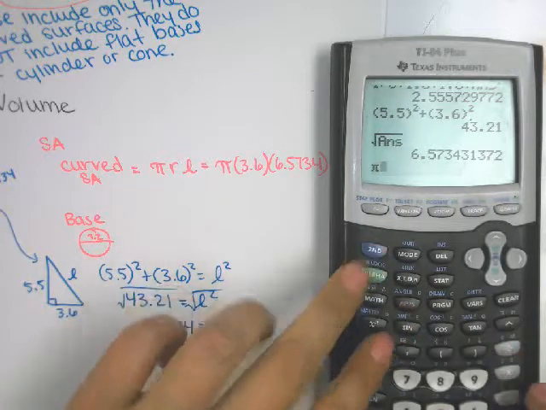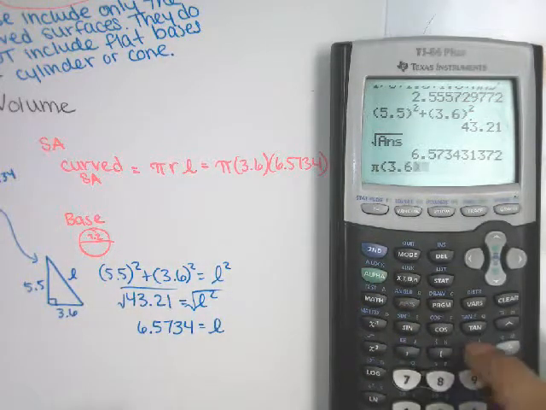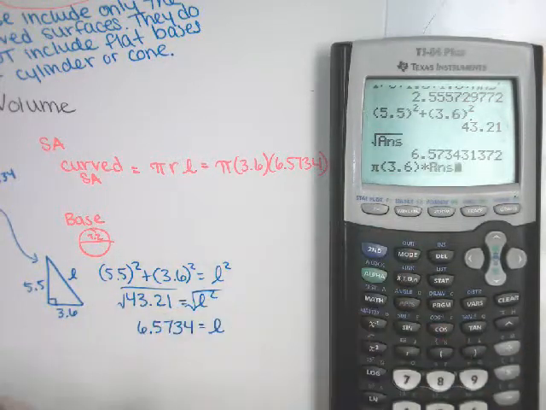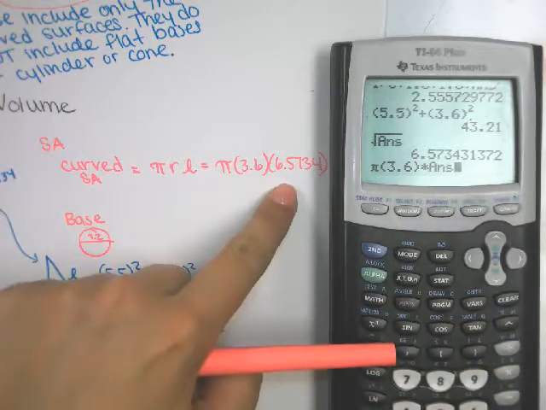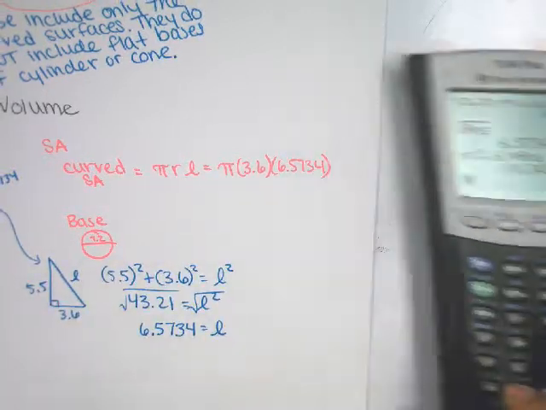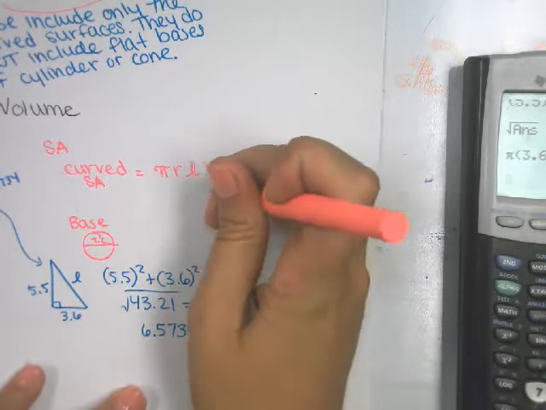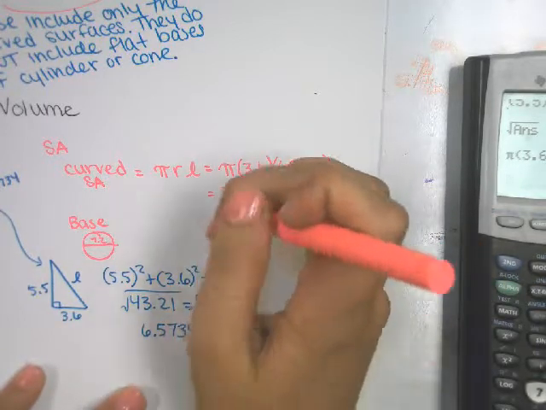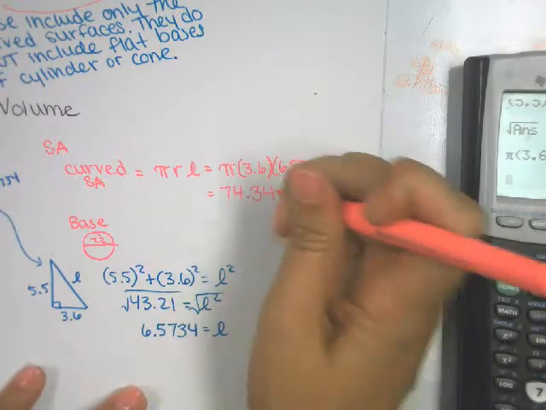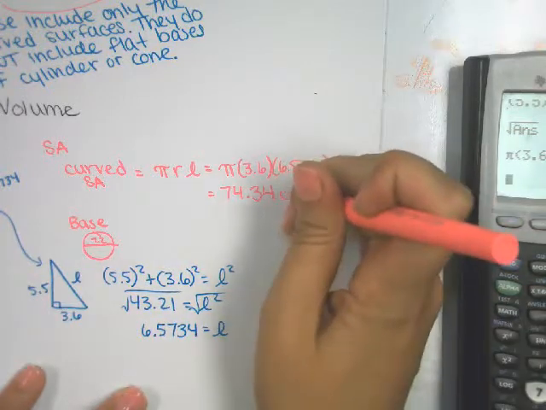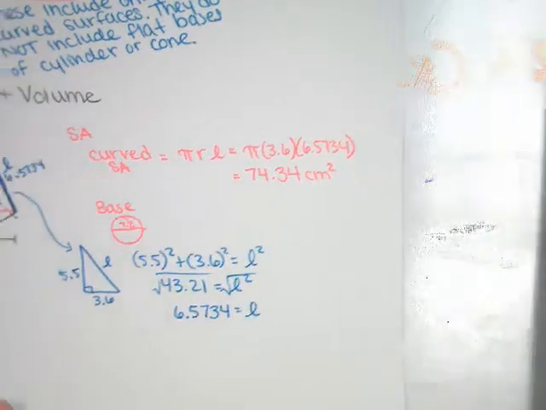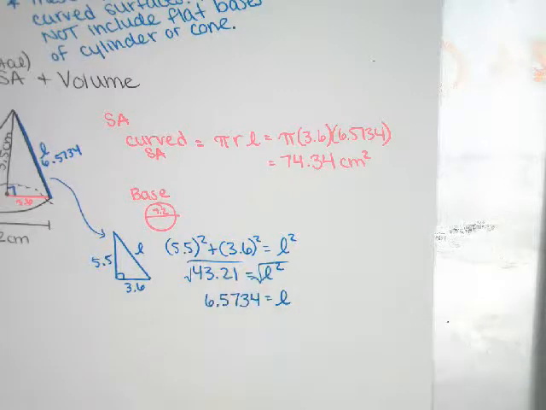So I type in pi times 3.6 times my last answer. And we get, for the curved surface area, 74.34 for now. This would be square centimeters. So we're finding surface area. The area of the base is a circle.